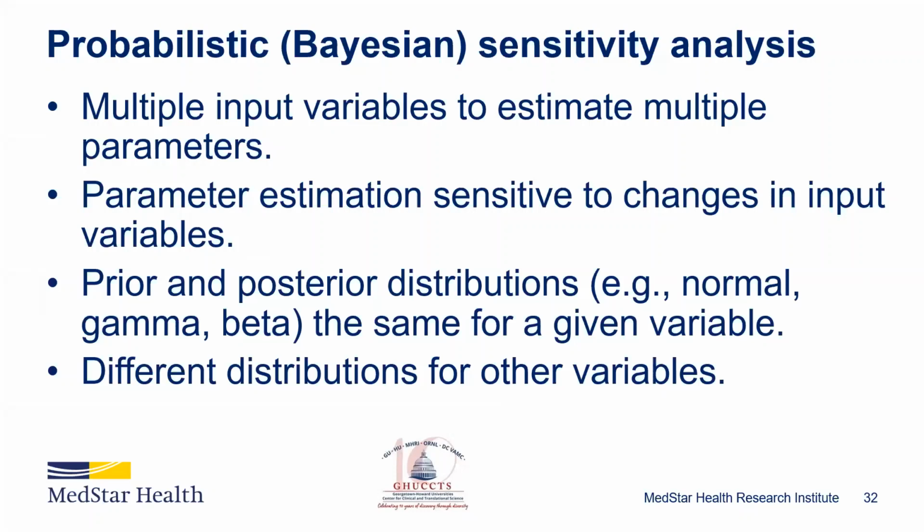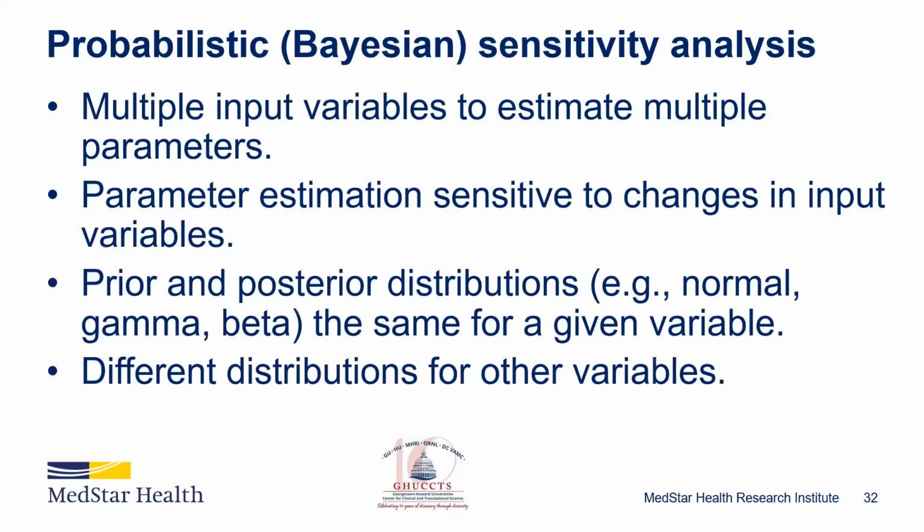We do this when we have multiple input variables to estimate multiple parameters. In the last example, the epilepsy study, there was just one parameter that we wanted to estimate, and that was the percent success.